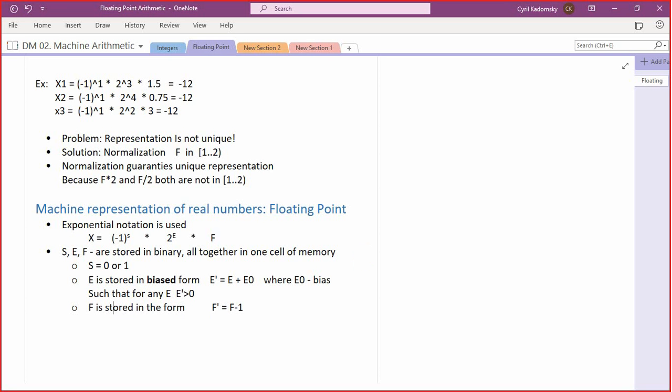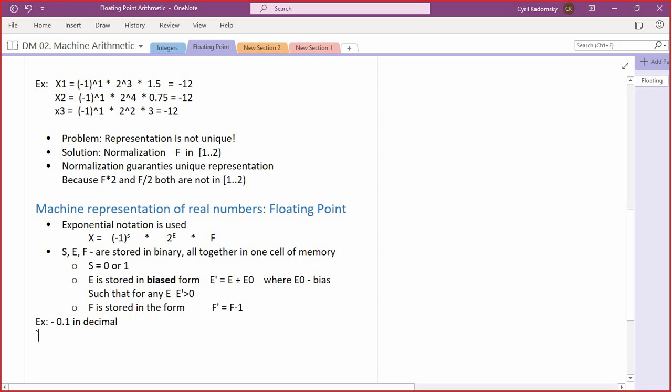For this we need an example. For example, let's consider the number minus 0.1 in decimal. And we need to store it in the machine representation.